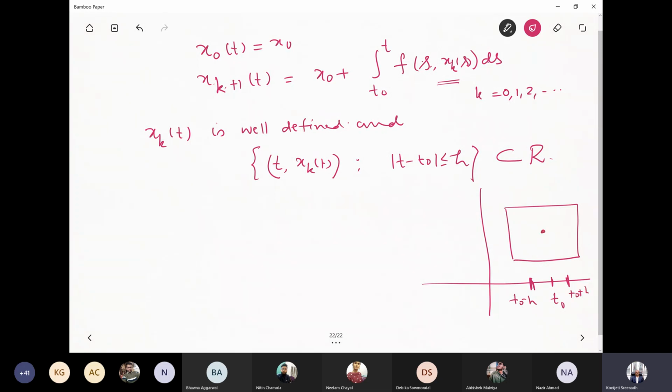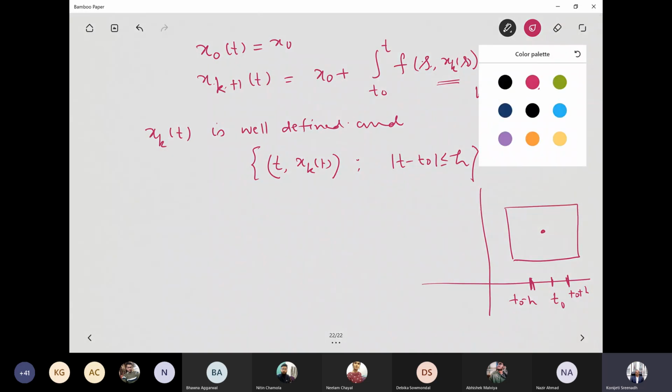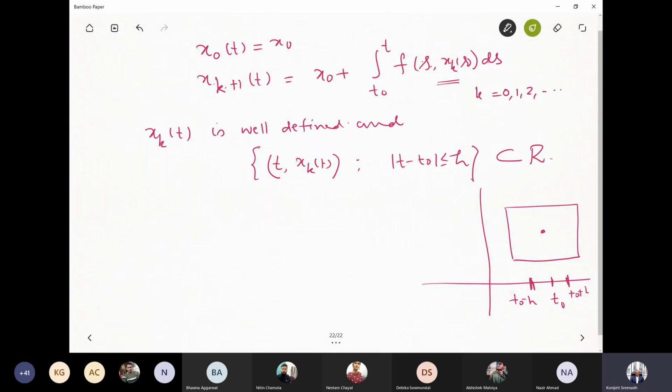So at this point we needed a curve like this which satisfies our aim. But these x_n's all also satisfy the initial condition, right? You can see that x_{k+1} at t0 is going to be x0.